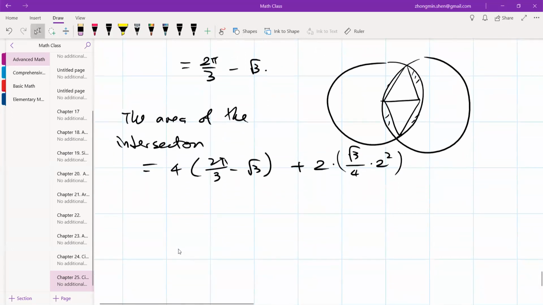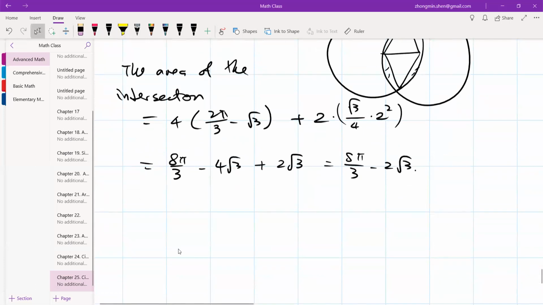Then add them together, you solve the problem, okay? So you get 8 pi over 3 minus 4 times square root of 3, and plus this 2 square root of 3. So the answer will be this.